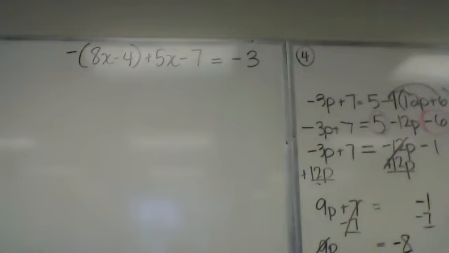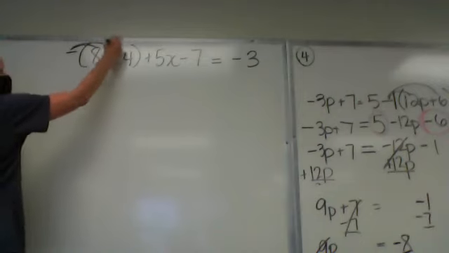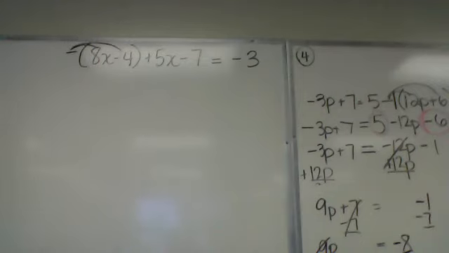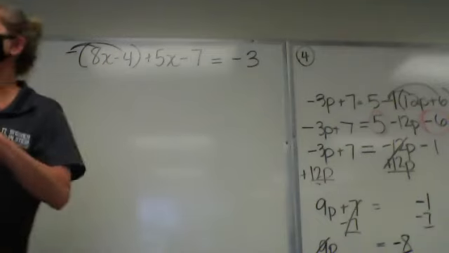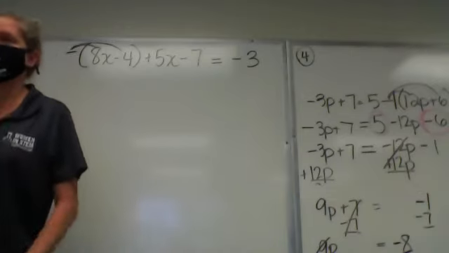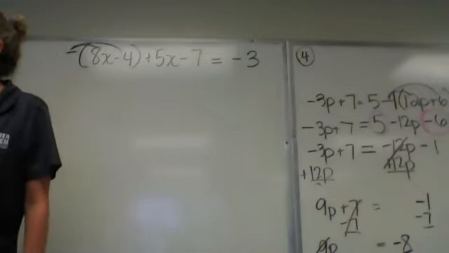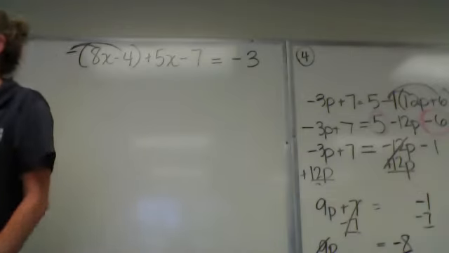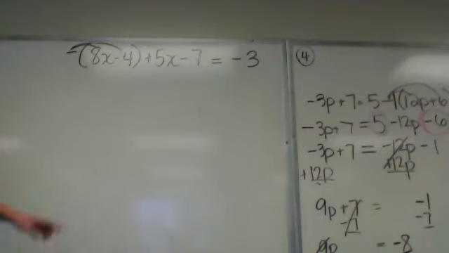You distribute whatever is bumped up against it. So let's see. Again, seems like this is a common thing, distribute that -1 through those parentheses, which means the parentheses will disappear. And since I'm multiplying by -1, all the signs in there are going to change. Positives are going to turn to negatives, and negatives are going to turn to positives because I'm multiplying by -1.